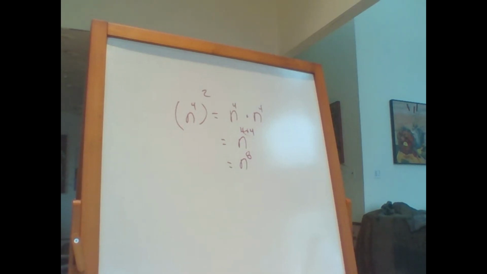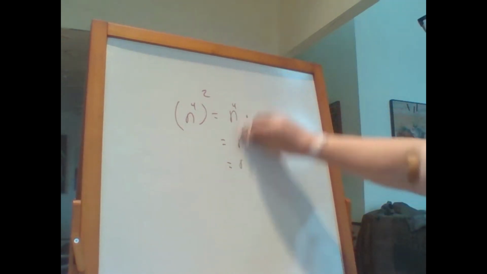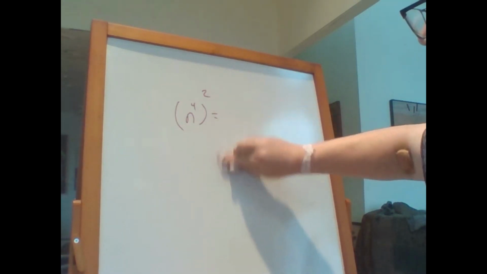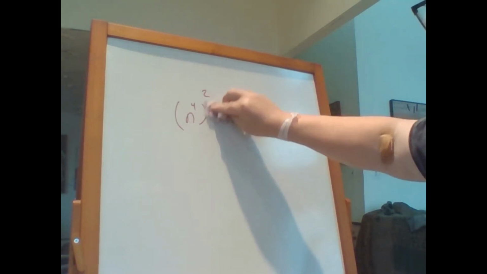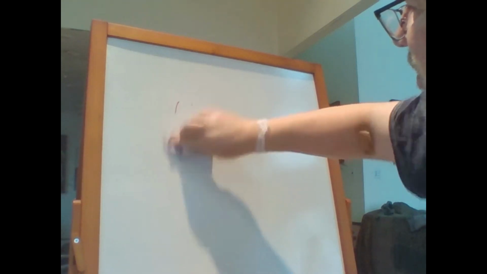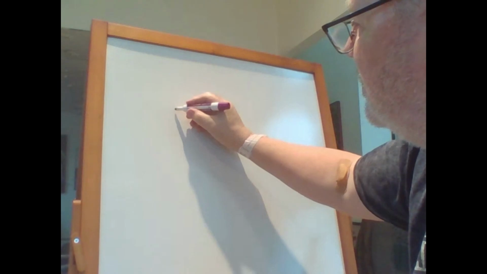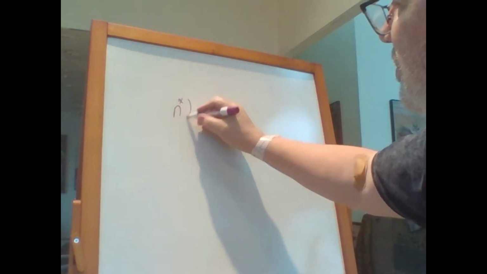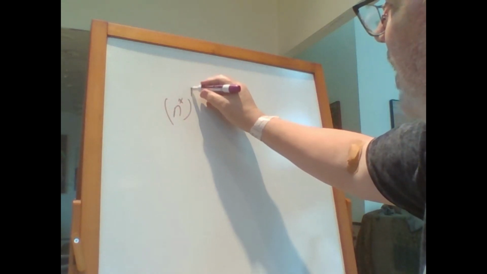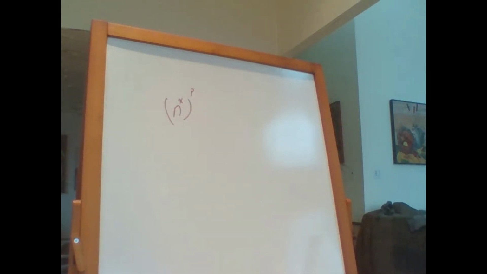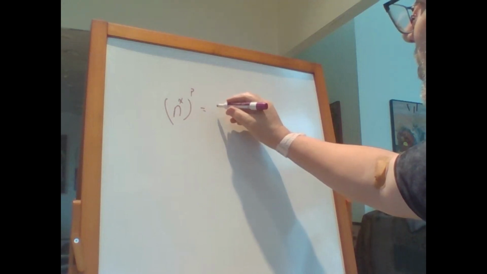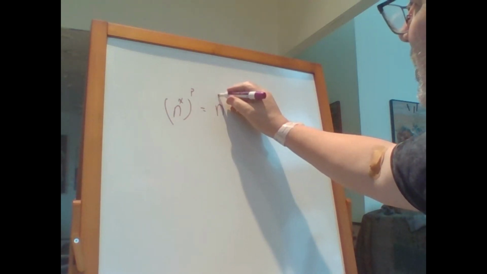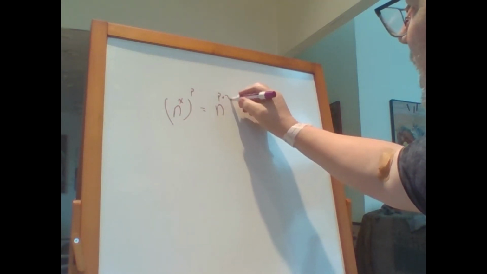So when we have a power that's raised to another power, this is another law of exponents. When we have n to some power x raised to some power p, it's equal to n raised to the p times x.